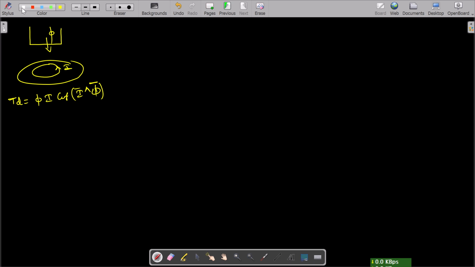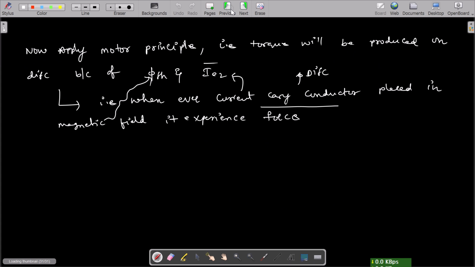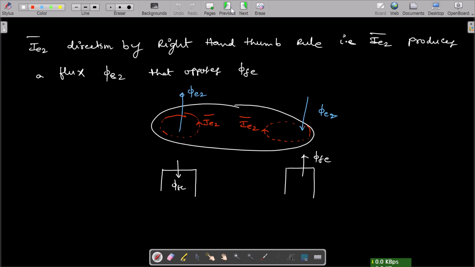So now similarly this TD1 will be directly proportional to phi shm divided by root 2, because it is the RMS flux of that shunt magnet, and also the RMS value of that eddy current.